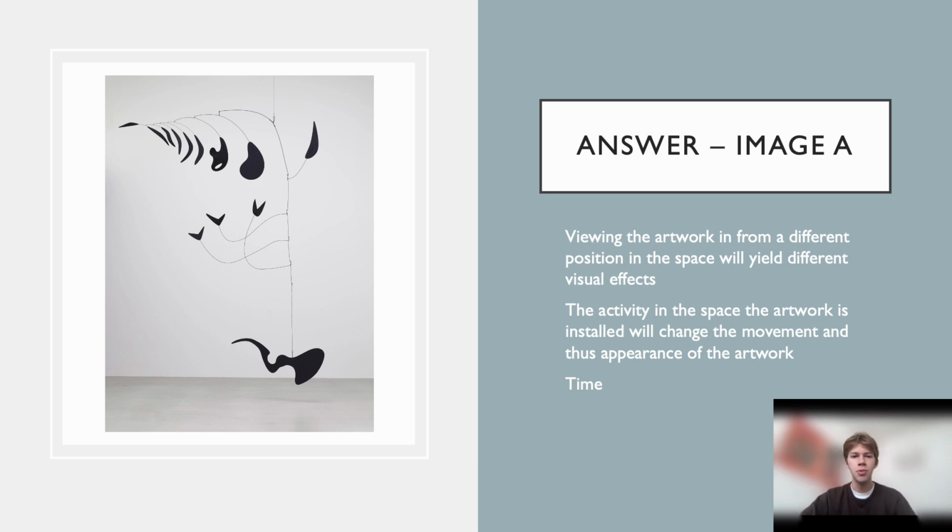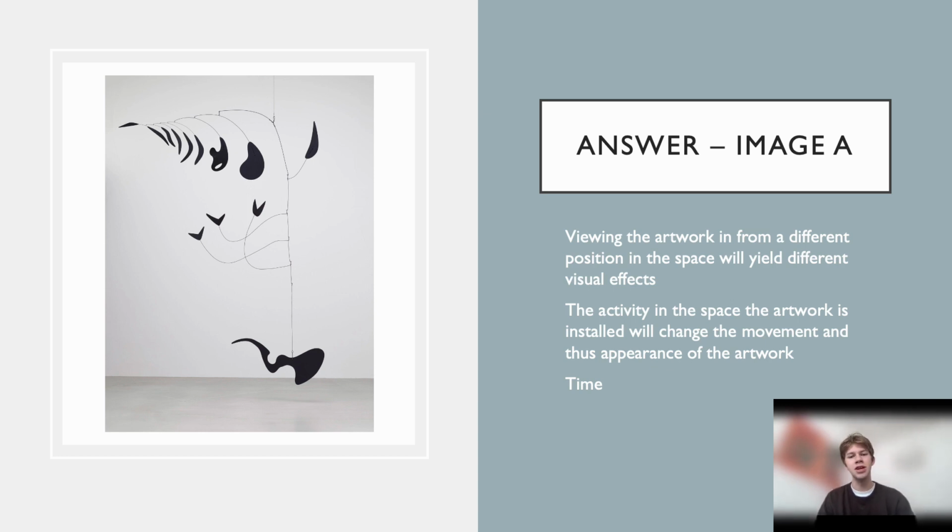Well, there could be an open window, there could be someone that brushes past the artwork. If it's a busy room and lots of people are moving, they're going to create gusts of air that spin the mobile, maybe different parts of the mobile at different speeds. It might not ever look the same as when you went to see it a week ago, let's say.